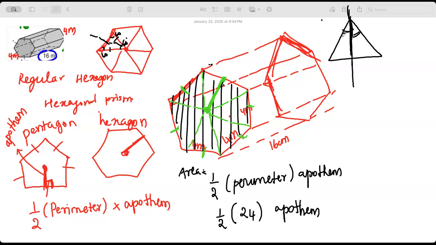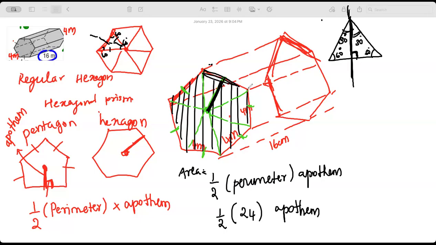So what did we study about that? The angle bisector of an equilateral triangle forms what triangles? 30, 60, 90 triangles. As a result, would you be able to find the apothem?